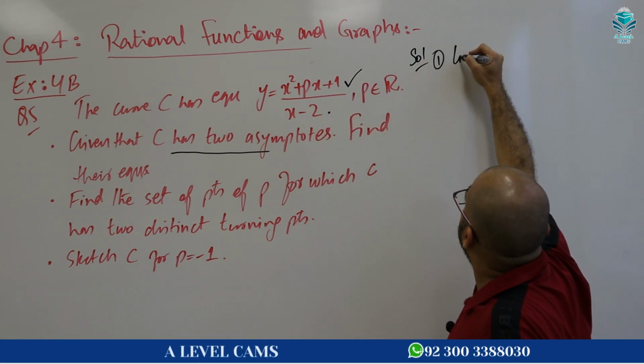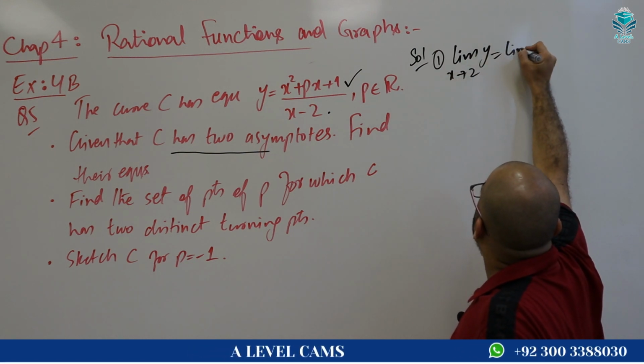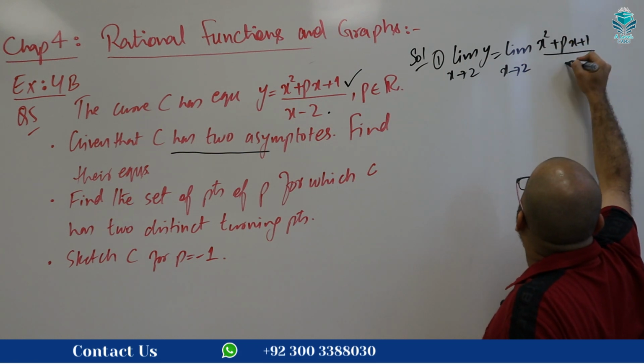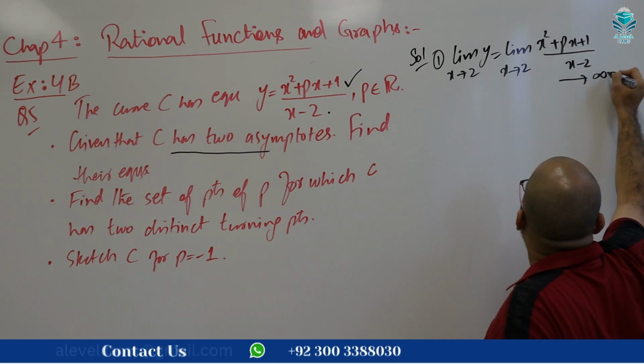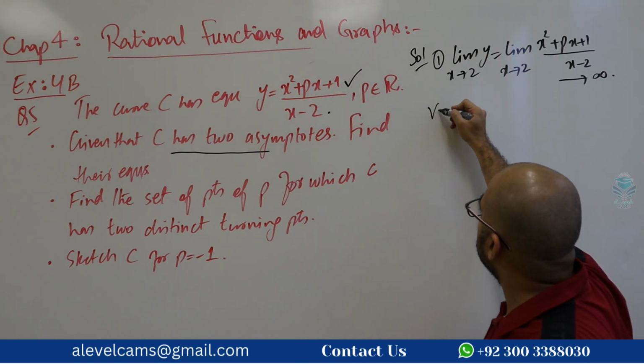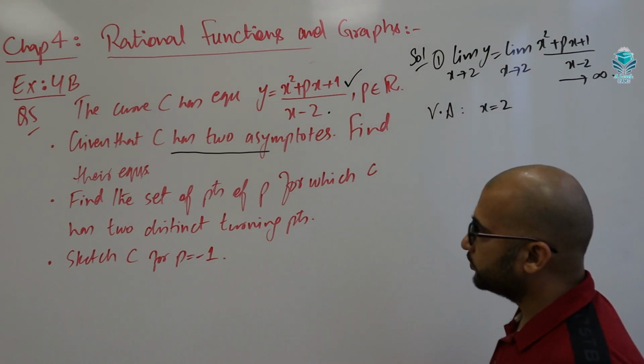So you can say from here, when x approaches 2, y approaches infinity. One vertical asymptote is the equation x equal to 2.